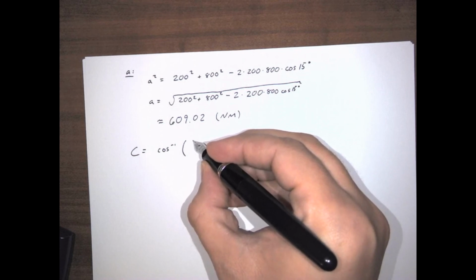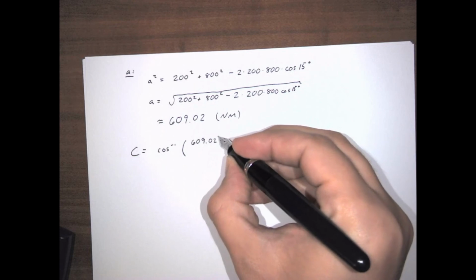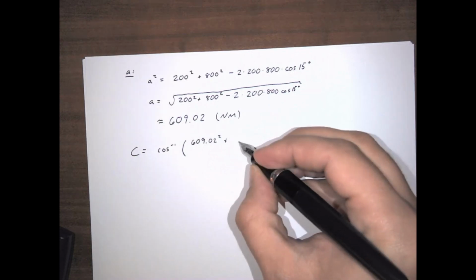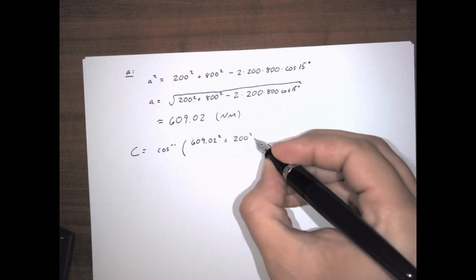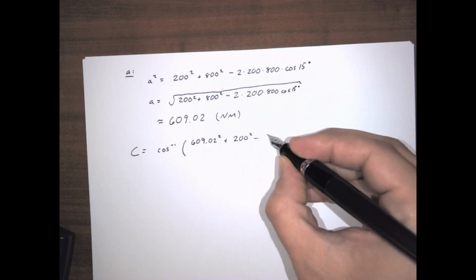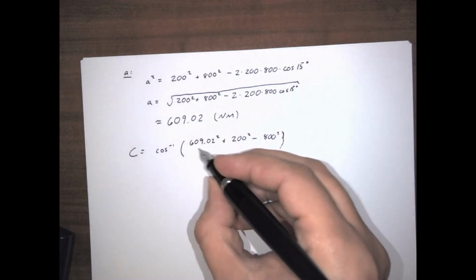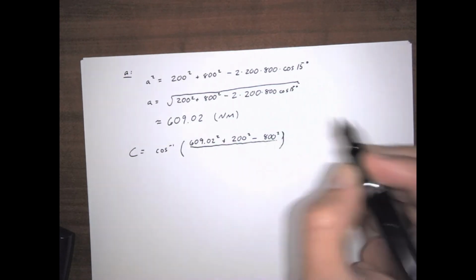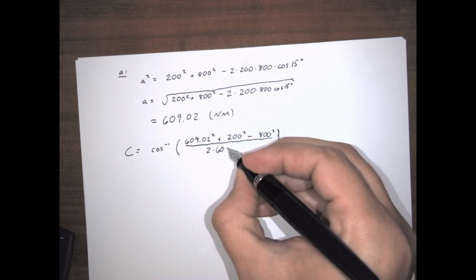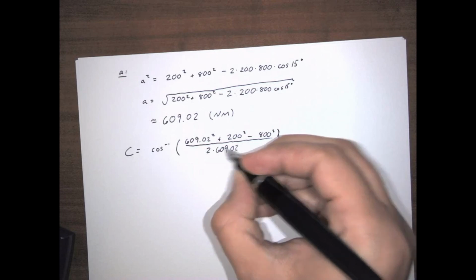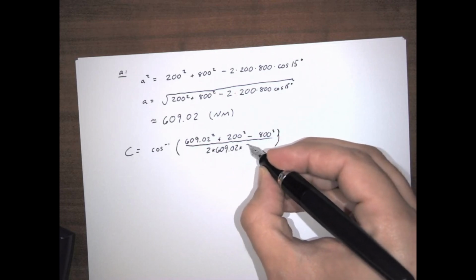So that's going to be 609.02, which we just found, squared, plus the other side, which is 200 squared, minus the final side, which is 800 squared, all divided by 2 times 609.02 times the 200.